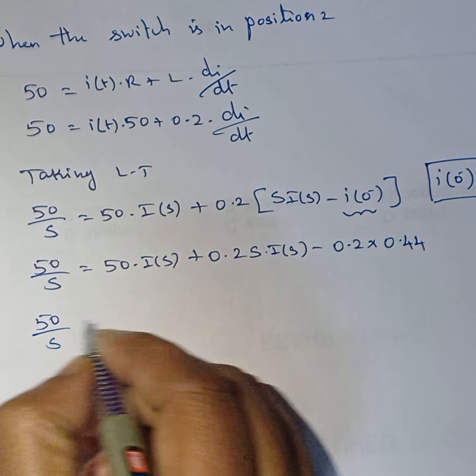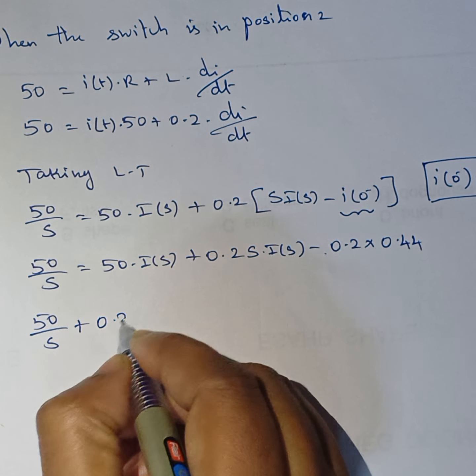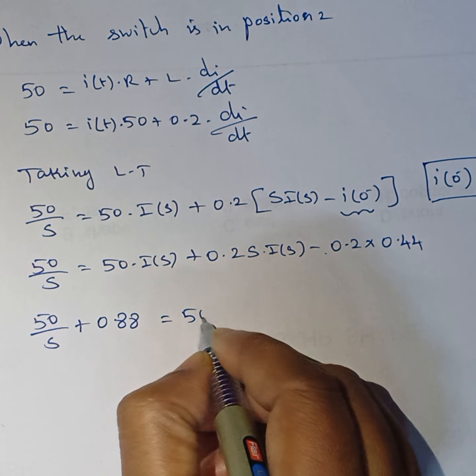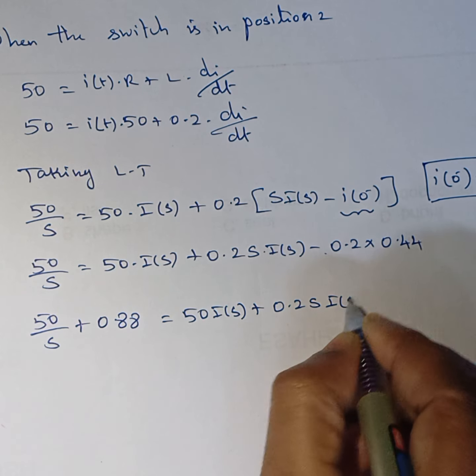So as usual, 50 by s, this minus, we'll get this as 0.88, correct, is equal to 50 IFS plus 0.2 S IFS.